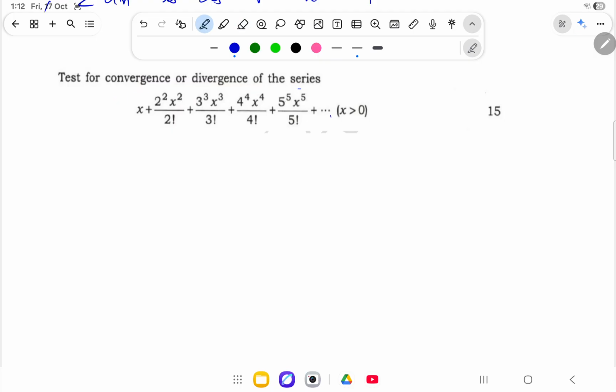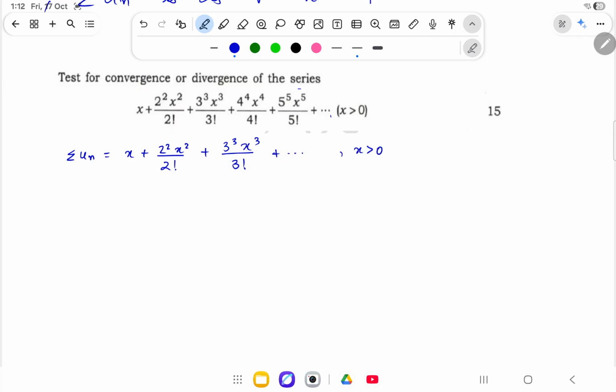In this question the series is given as summation un is x plus 2 square x square by 2 factorial plus 3 cube x cube by 3 factorial and so on, where x is greater than 0.